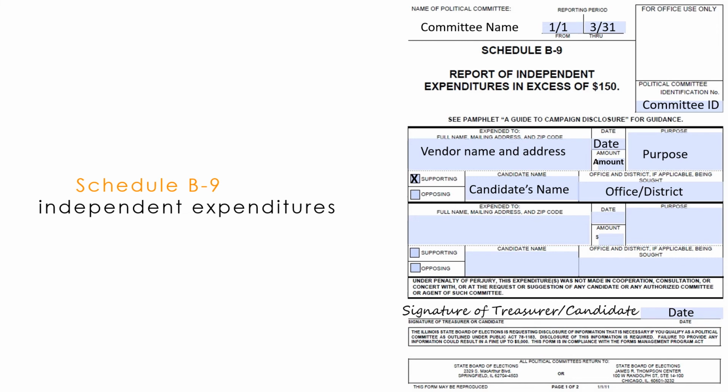In the space provided, place the name and address of the vendor to which the expenditure was made for the independent expenditure. Then place the date, amount, and purpose of the independent expenditure. Next, check the box to indicate whether the independent expenditure is supporting or opposing a candidate, the candidate's name, and the office and district of the candidate. Finally, a B9 must be signed and dated by either the committee treasurer or candidate.